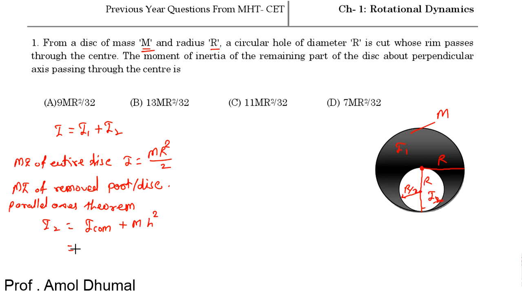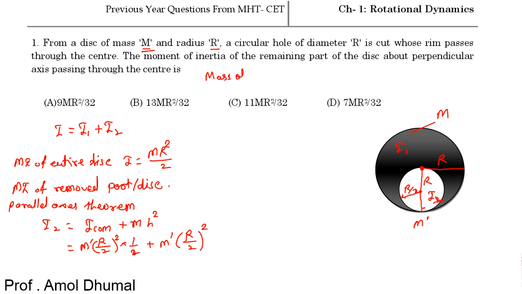So this is equal to, m dash is the mass of this disk, m dash into r by 2 bracket square, since the radius is r by 2, into 1 half, plus m dash into h square, where h is r by 2. The distance between these two axes is r by 2, the radius of this hole, bracket square.